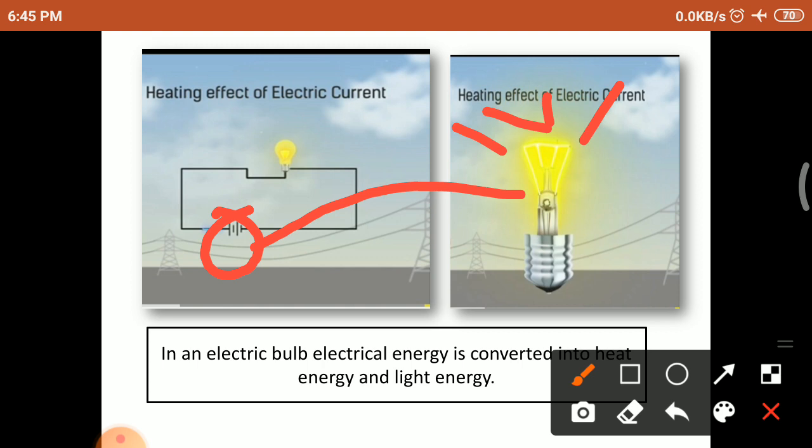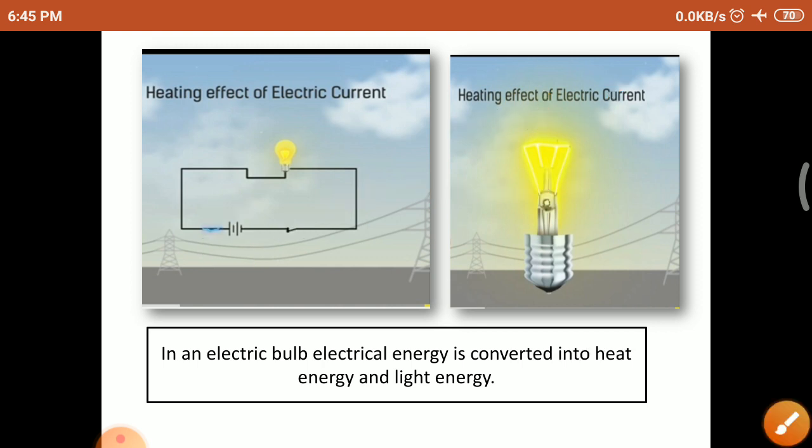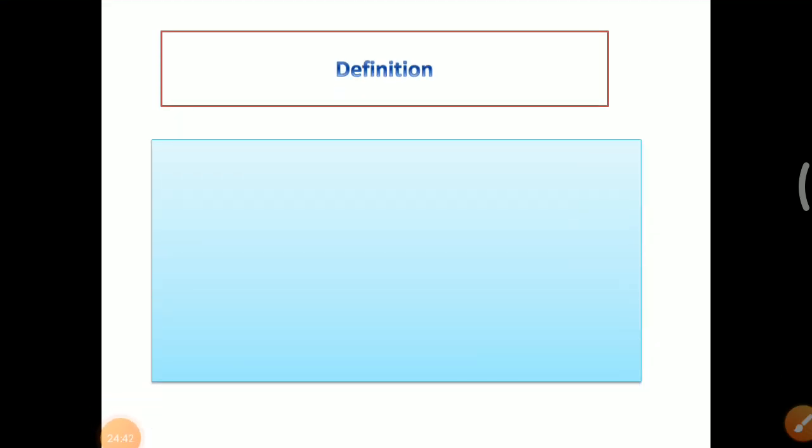So when I am giving the current, the filament in the bulb starts to heat. Due to heat, it gives light. So here the electrical energy is converted into heat energy and then light energy. So from this we can define the heating effect of electric current.